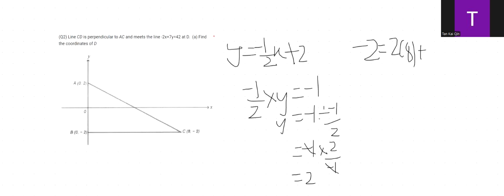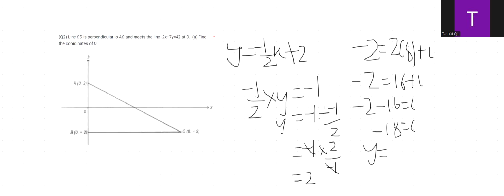So negative 2 equals 16 plus c. So negative 2 minus 16 equals c. So negative 18 equals c, which means the line equation of the line CD is y equals 2x minus 18.